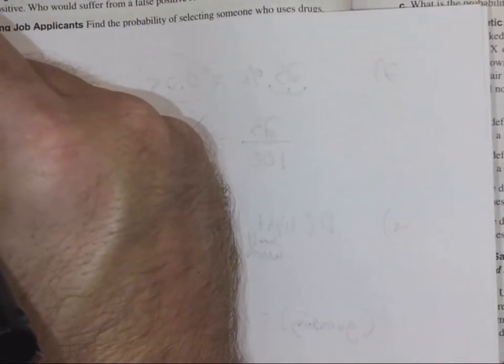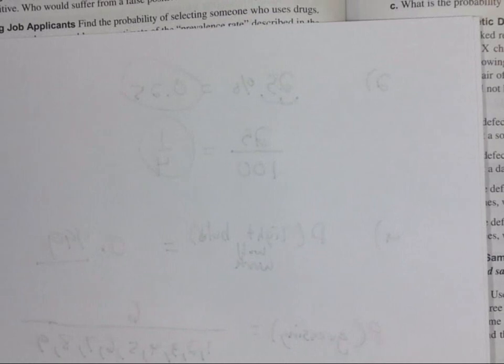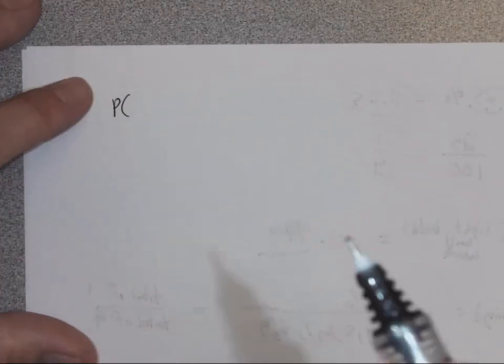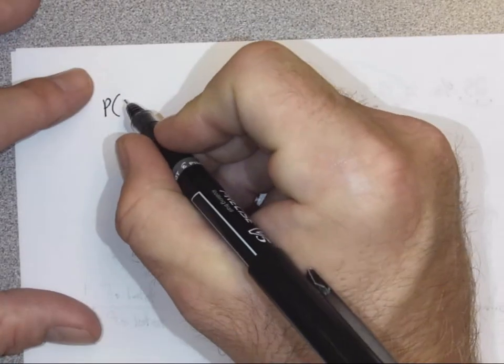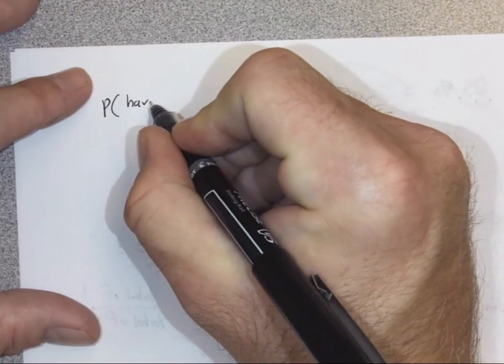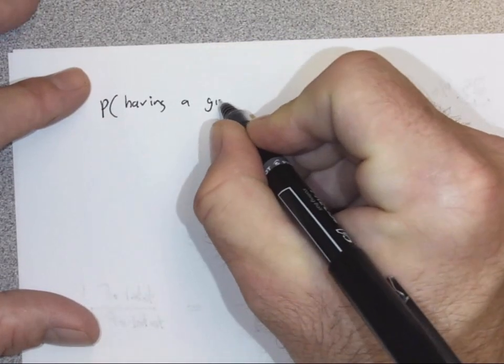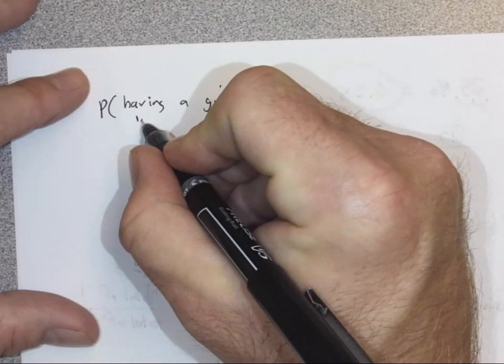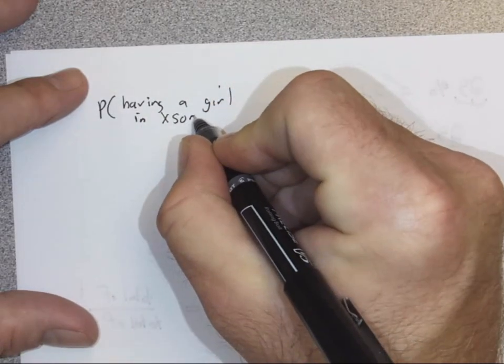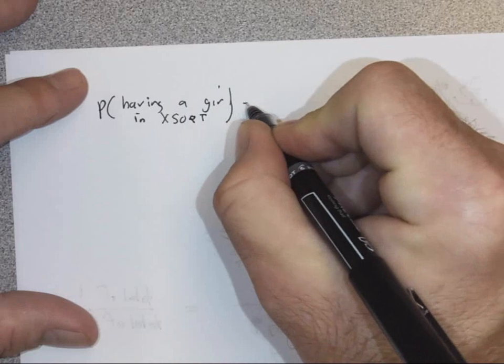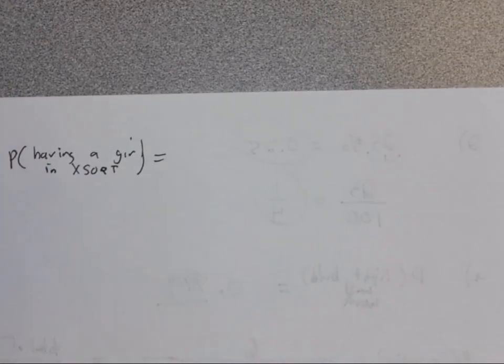So what we know is the probability of having a girl in this, let's say, XSORT. So if we use the procedure, let's go back to the numbers.